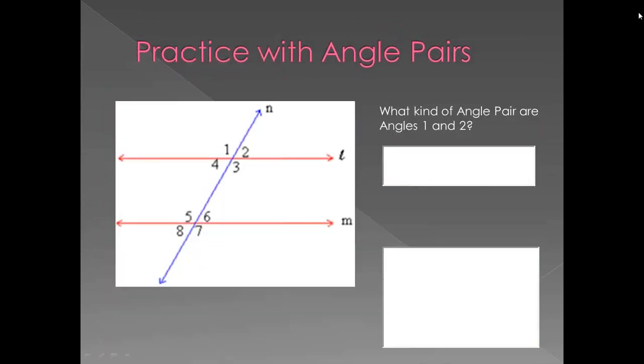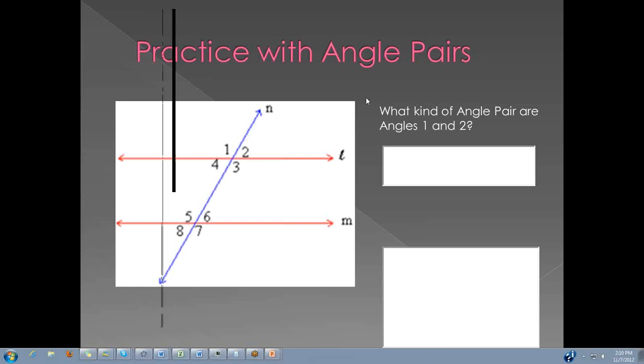So let's practice with some of the angle pairs we've learned so far. Here's your chance to type in the chat box. So put your answers to each question. What kind of angle pair are angles 1 and 2? So 1 and 2 are right here, so tell me what kind of angle pair those are.